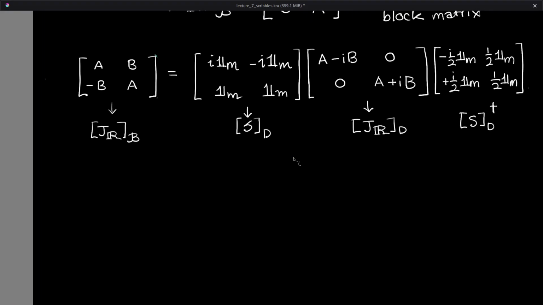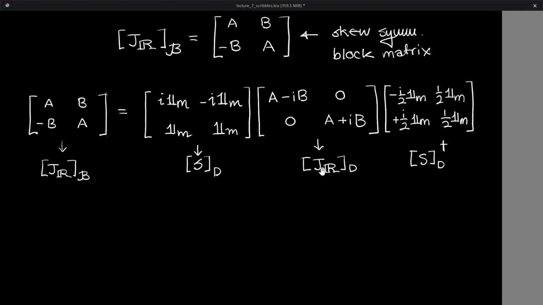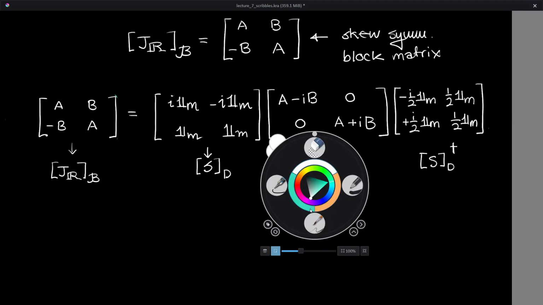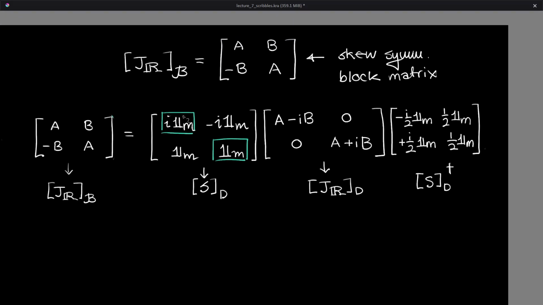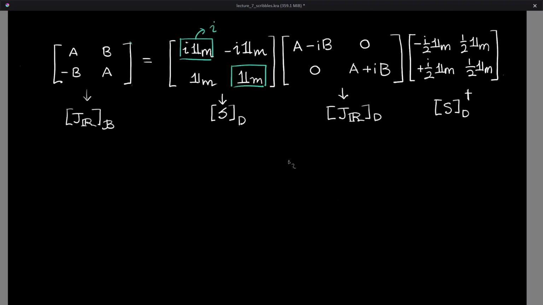The way that you calculate determinants for block matrices, if you aren't familiar already, is that you calculate the determinant for these submatrices, and then you apply the usual AD minus BC. We know that the determinant for the identity matrix is 1, so this one will be i.